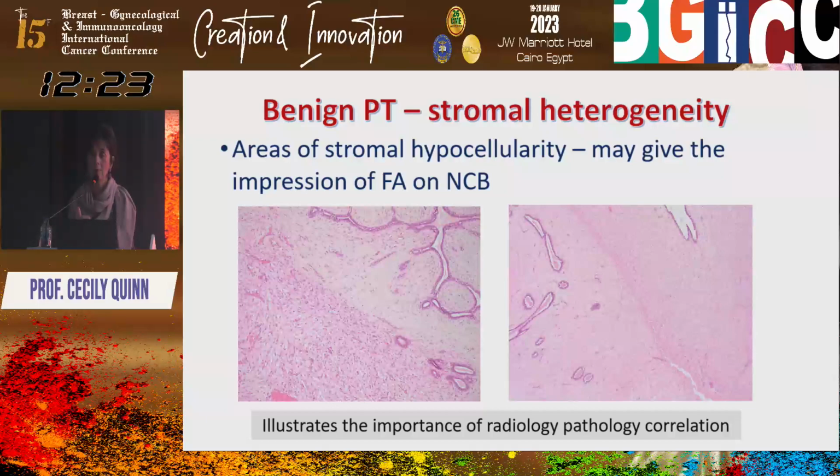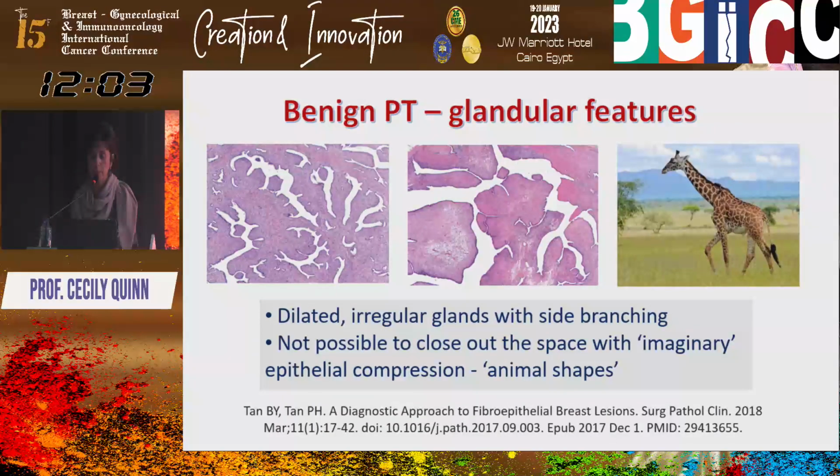Again, this emphasizes the importance of radiology-pathology correlation. If your radiologists are telling you this is very cystic and looks like phyllodes, and you're seeing something that looks like fibroadenoma, that is not concordant, and that lesion should be excised for full evaluation.